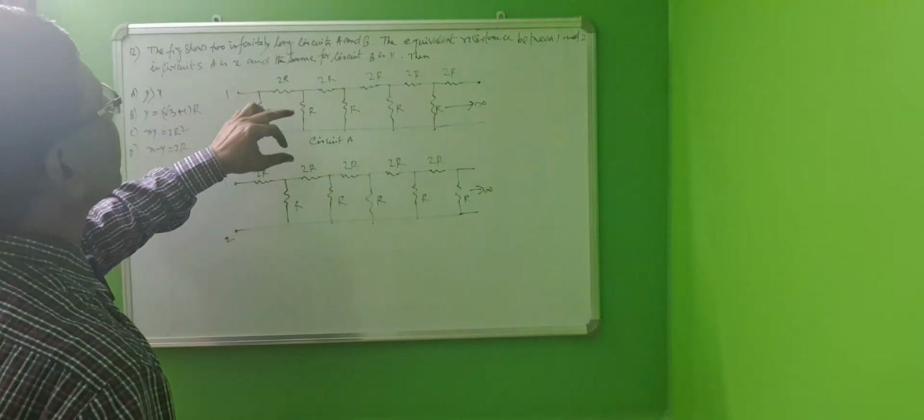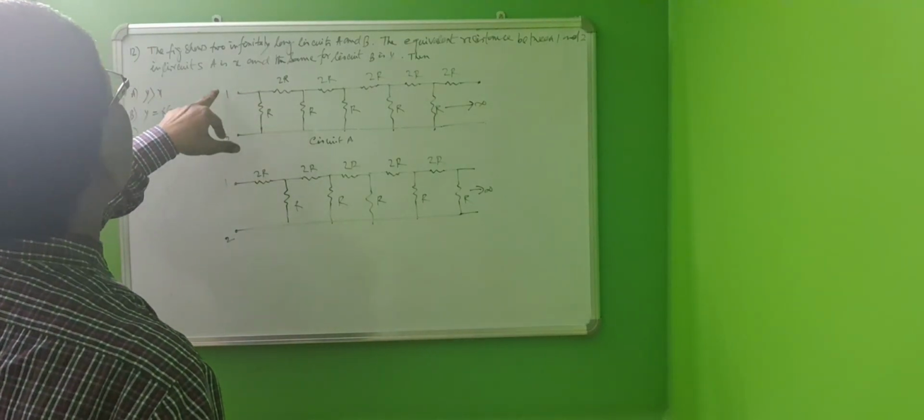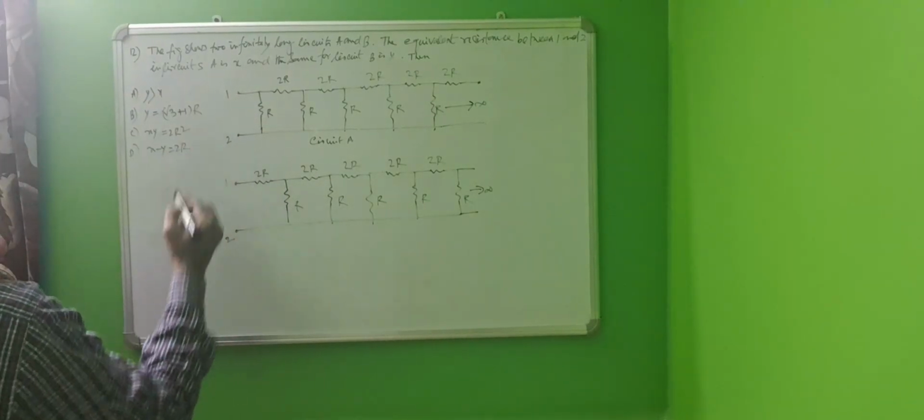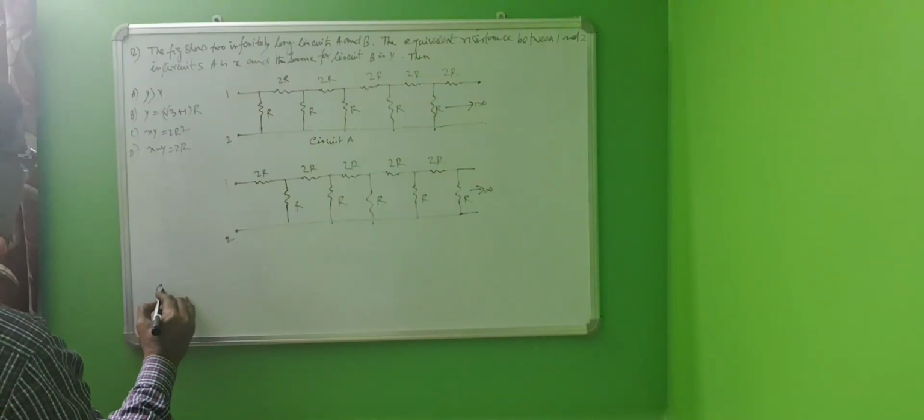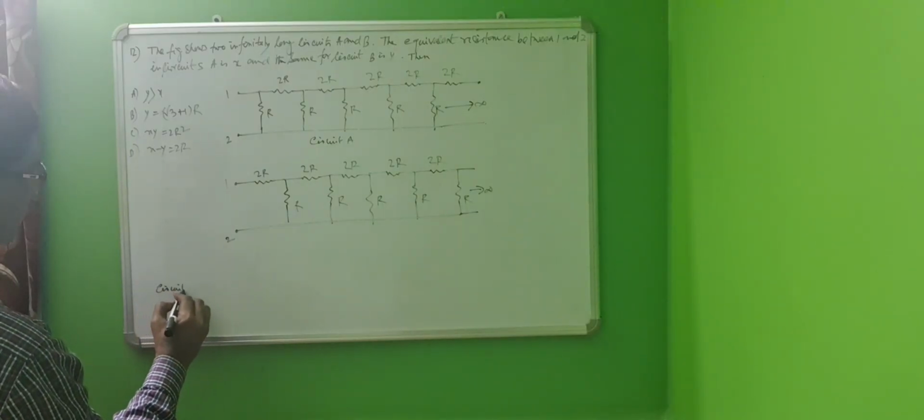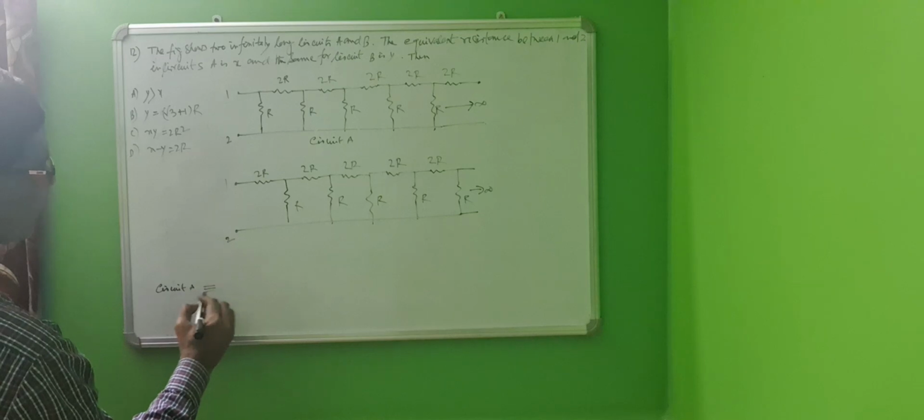Now this one, circuit A of resistance X. This circuit A can be reduced as follows.